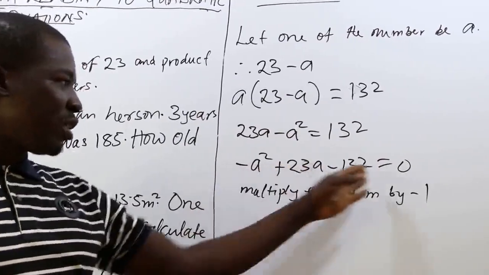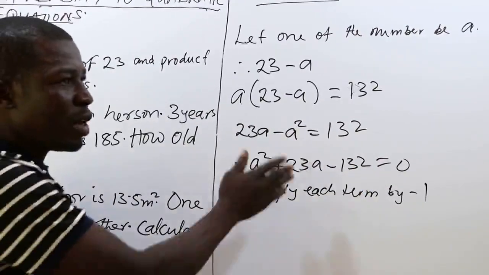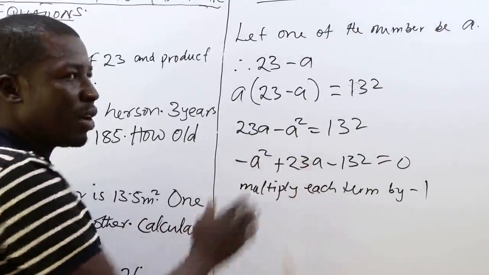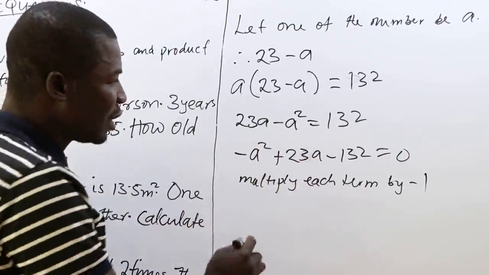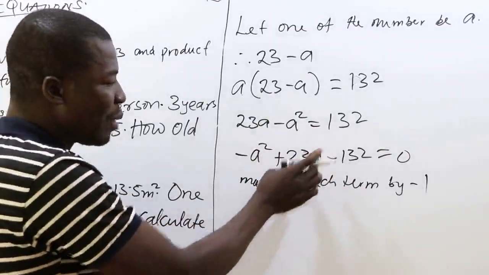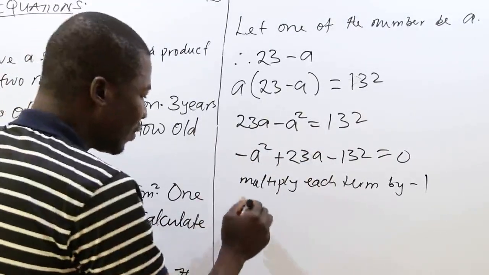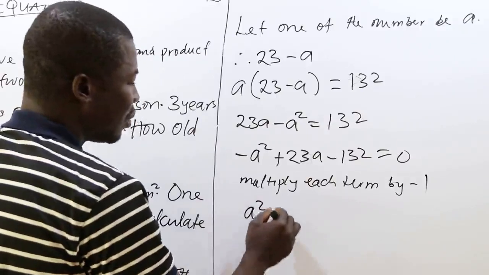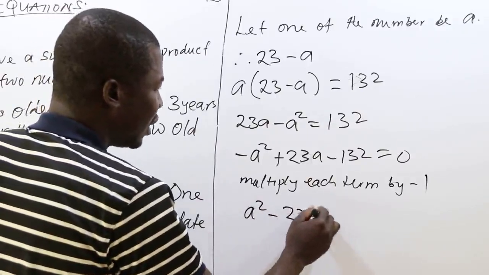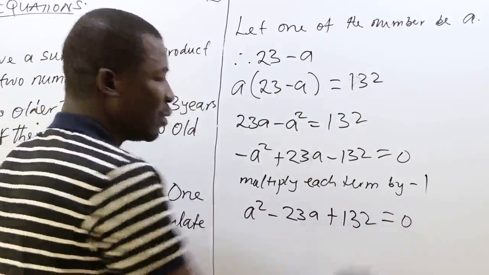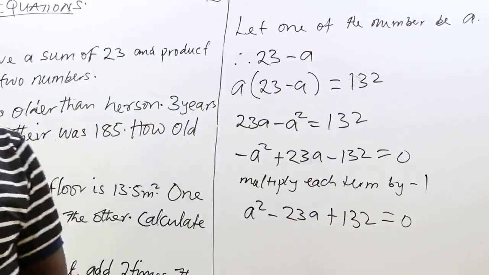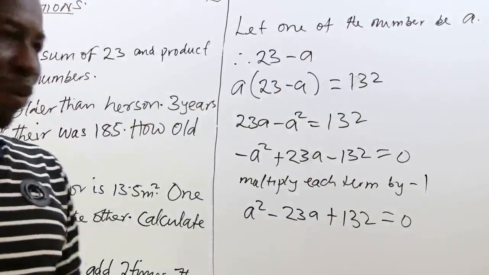If you like, you can solve it like this, but to bring it to the level of students, you make a squared positive. If you multiply each term by minus 1, we are going to have a squared minus 23a plus 132 equals 0. So this is a quadratic equation.